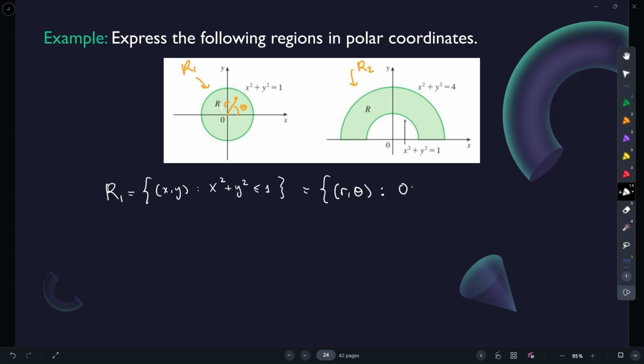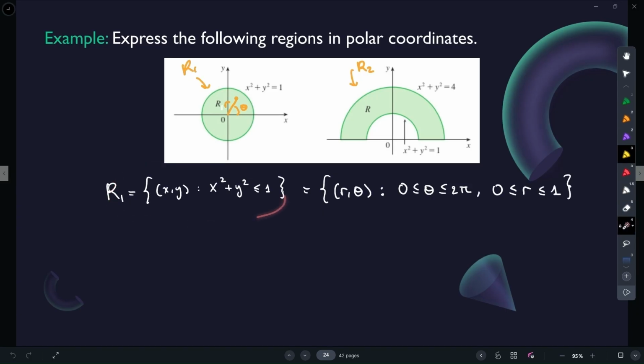So the angle can be anywhere between 0 and 2 pi, while the radius can only be between 0 and 1, so it doesn't escape the circle. So the radius itself is between 0 and 1. So this is the description of R1 in Cartesian coordinates versus this is the description of the same region in polar coordinates.